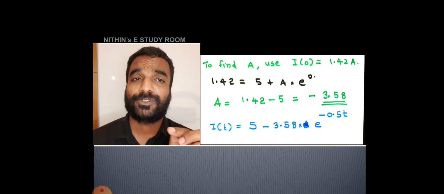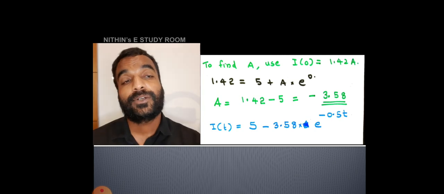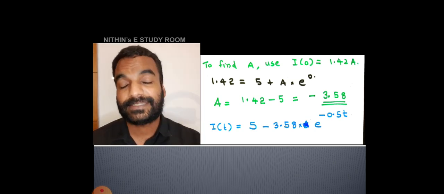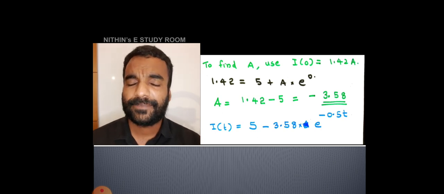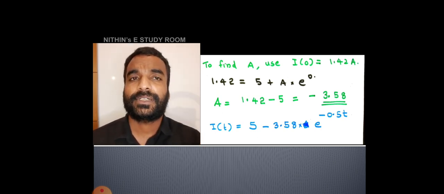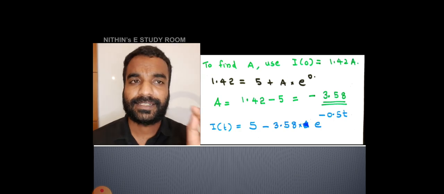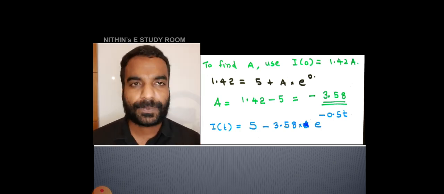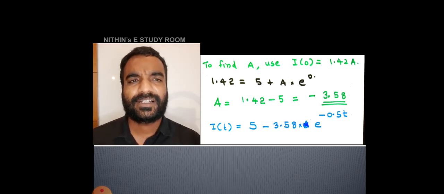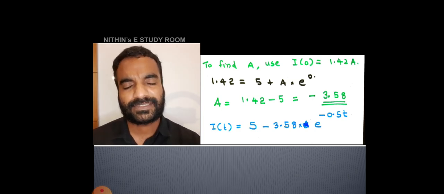In this case also, you can do this problem by substituting all the values in the initial step itself, or otherwise you can take R1, R2, RL, L like that, and finally substitute the values of resistor, inductor, etc. in the final step, like we did in the last problem. These two approaches are right, but it will be somewhat easier if you substitute the values in the first line itself.